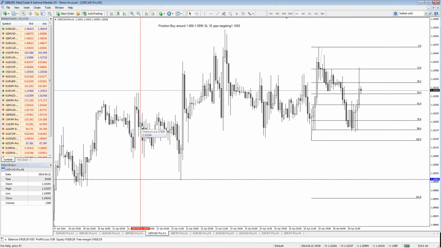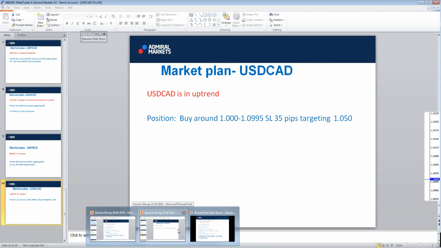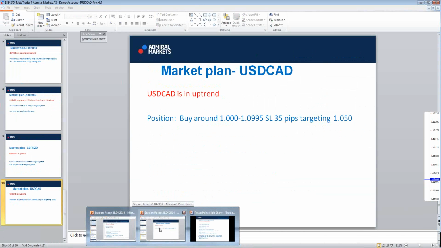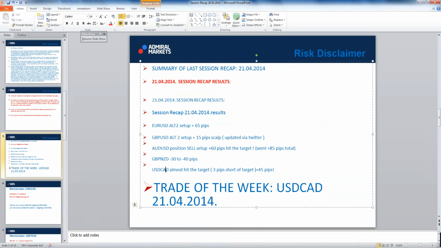This was our webinar, and the buy trade was initiated to the pip. Look at this, not a single pip of a drawdown. And then it hit the target. Basically, the high was 52. I counted it as 45 pips because I updated it also via Twitter. I said it's time to close, and this was a very good trade for dollar CAD.